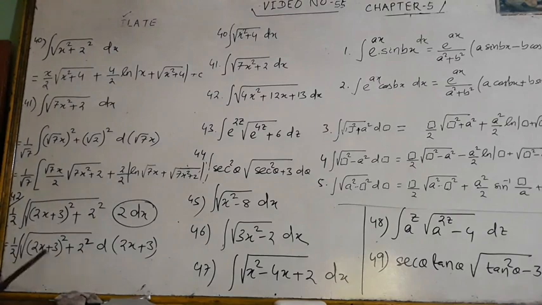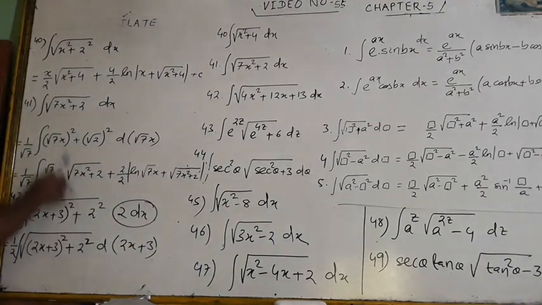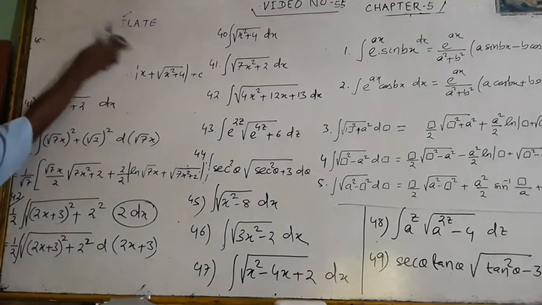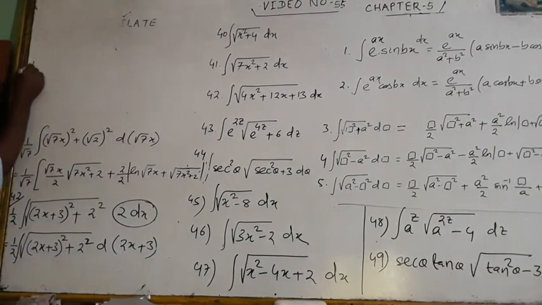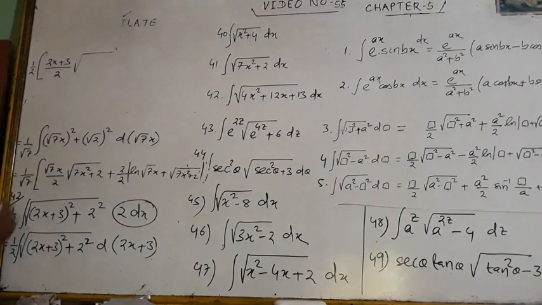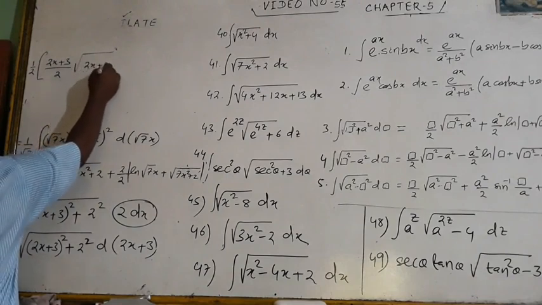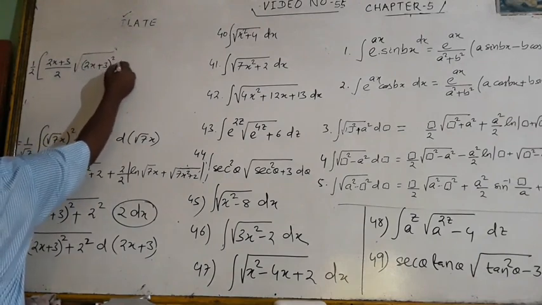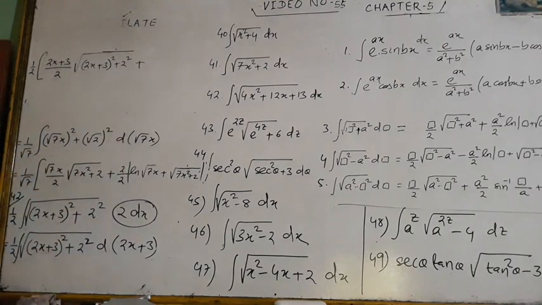Now apply the formula of root of box square plus a square d box. The answer is box by 2. Box means 2x plus 3, and you keep 1 by 2 here. Box by 2 times root of x square plus a square, where x square means 2x plus 3 whole square plus 2 square, plus a square by 2.